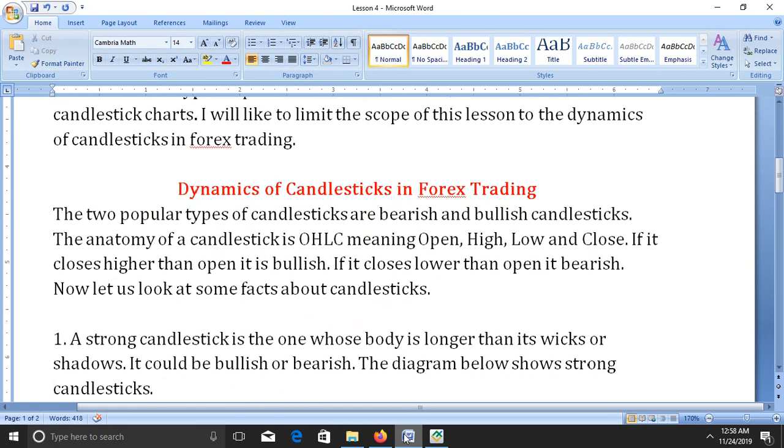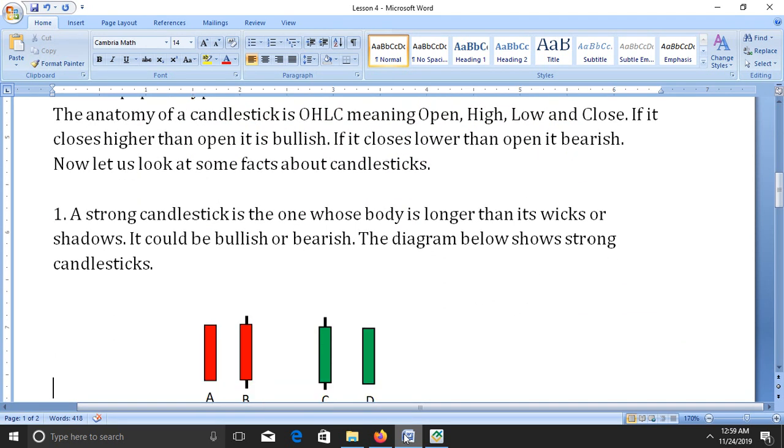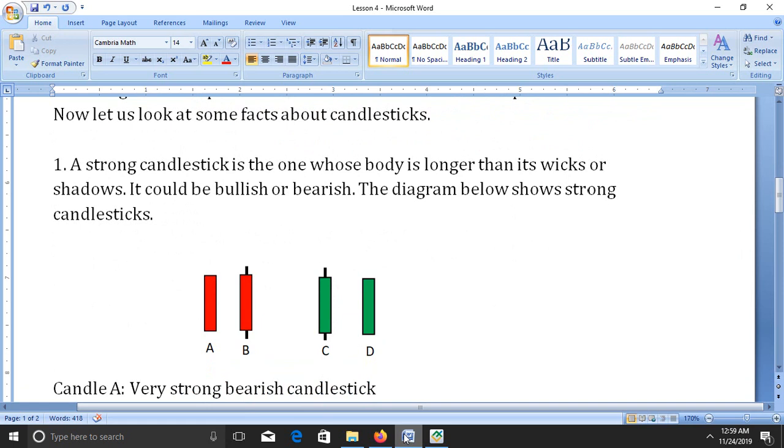Now, talking about facts about candlesticks. A strong candlestick is the one whose body is longer than its wicks or shadows. It could be bullish or bearish. Now, the diagram below explains better. You see this is a bearish candle and this is also a bearish candle.